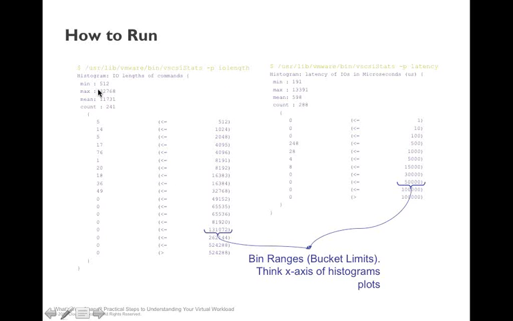Then you'll see what was the maximum IO size that was observed. The mean, which is a constantly updating mean, and then the total number of IOs that were seen in this period that are represented in the histogram itself. So very interesting information right off the bat, even before looking at the buckets here for the distribution.